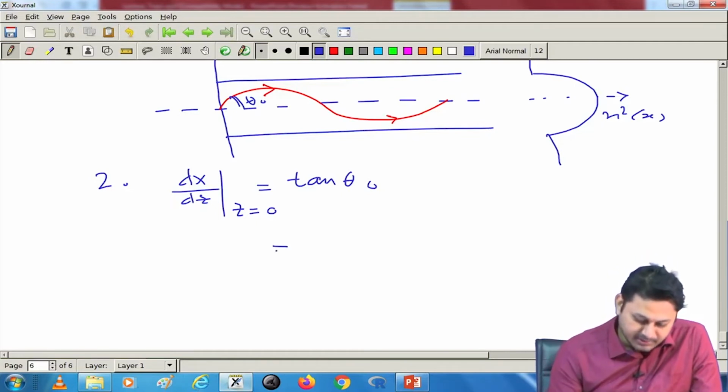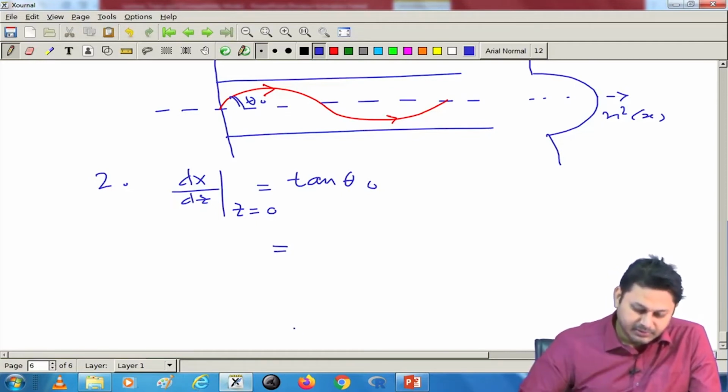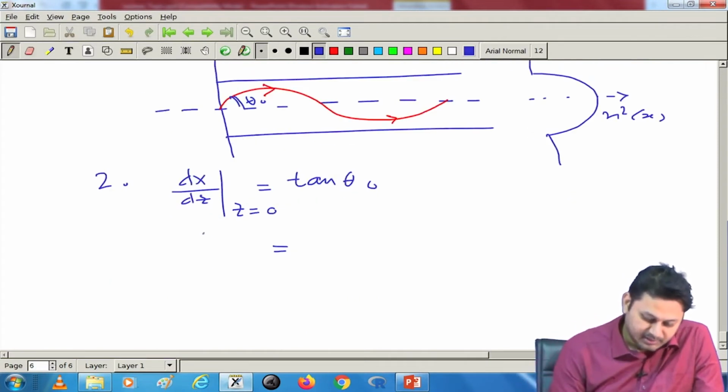This quantity, if I calculate from whatever the expression I have. So, now my x of z is A of sine of kz.